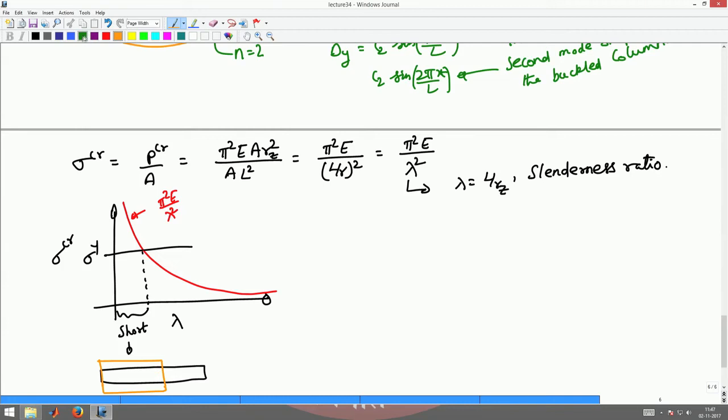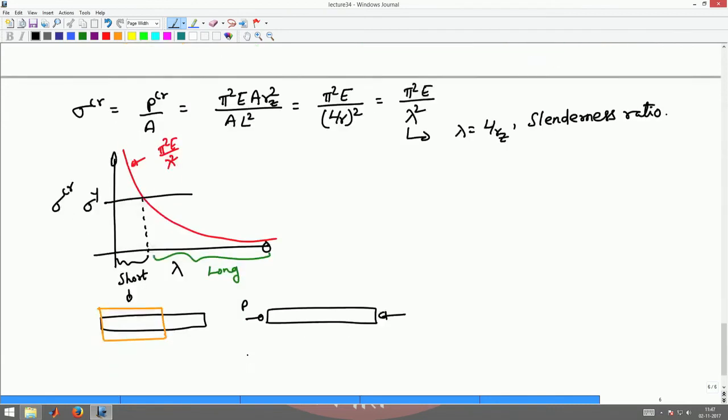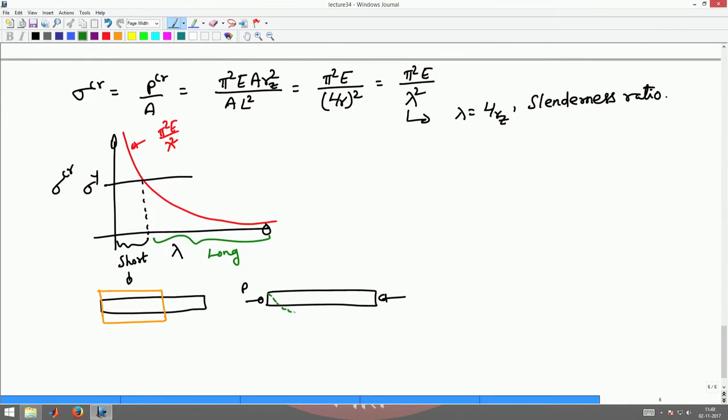In this regime, which is called a long column, just like the ruler that I showed you, what will happen is the same column, when subjected to a compressive force P, will bend like this, will bend like that and fail. So, that is how the long column fails, and this is how the short column will fail. So, the failure modes will be different for a long column and a short column.